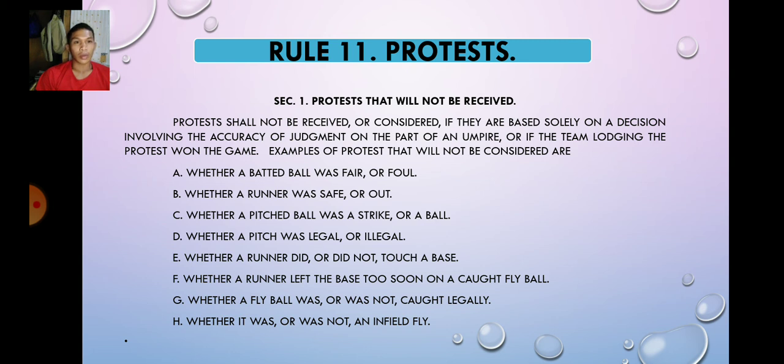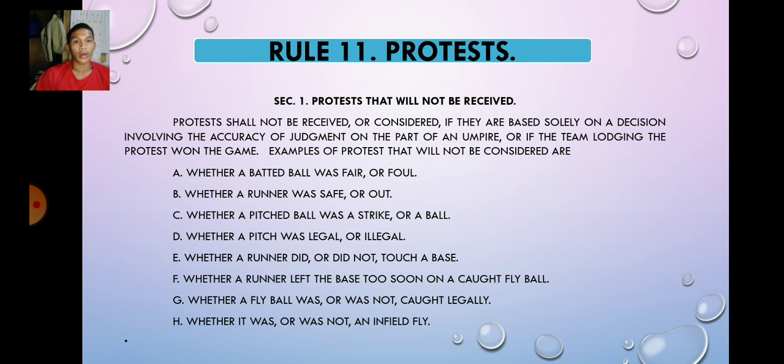Examples of protests that will not be considered are: A. Whether a batted ball was fair or foul. B. Whether a runner was safe or out. C. Whether a pitched ball was a strike or a ball. D. Whether the pitch was legal or illegal. E. Whether a runner did or did not touch a base. F. Whether a runner left the base too soon on a caught fly ball.